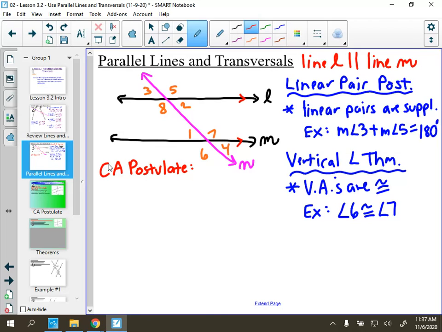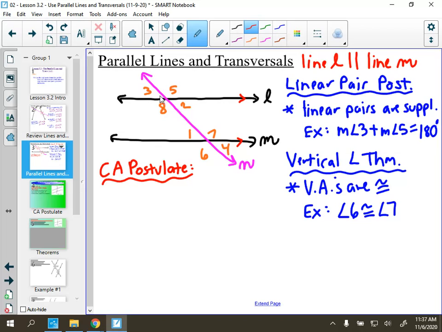What does it say? Well, before I just say what it is, let's look. Angle 3 and angle 1, those are corresponding angles. If you had to guess, angle 1 and angle 3, are those angles supplementary? Are they congruent? Are they the same? I think you can be strategic, and if we make our picture decent here, I look and say, you know what, 3 looks like an acute angle.